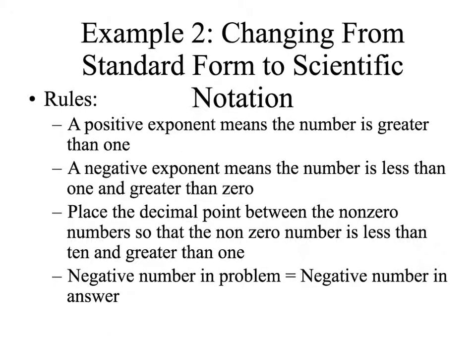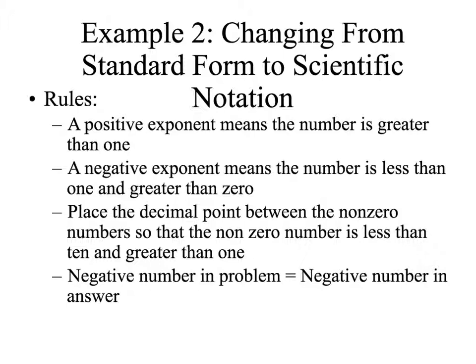So we're going to start by looking at going from standard form to scientific notation. How do I take numbers that are written the way I'm used to and write them in scientific notation? And there are 4 rules, 4 statements that will help you. If you end up in scientific notation with a positive exponent, it means that the number you started with is larger than 1.